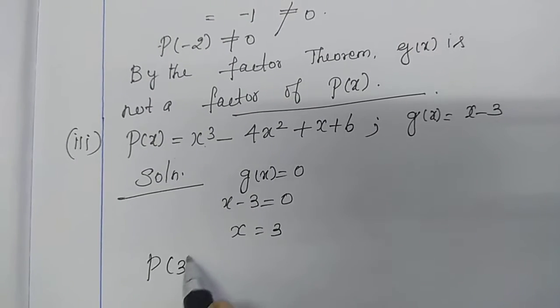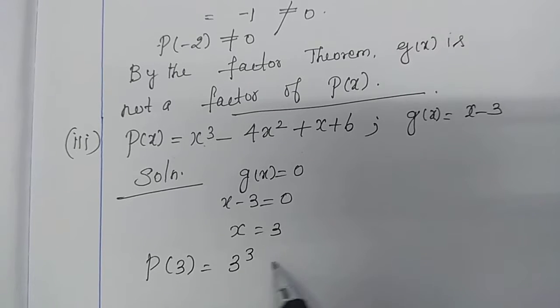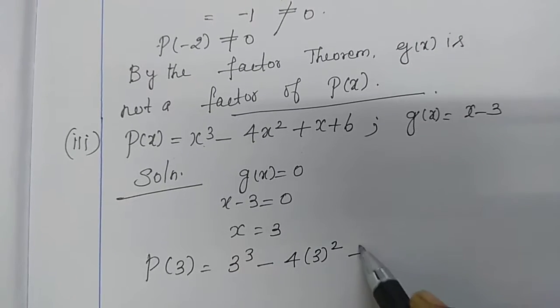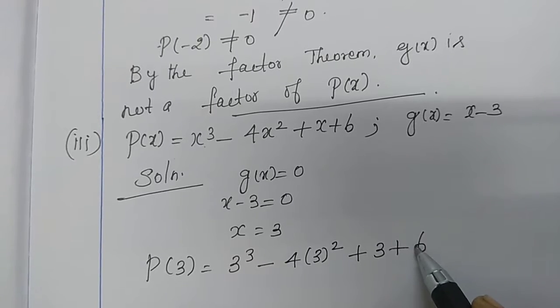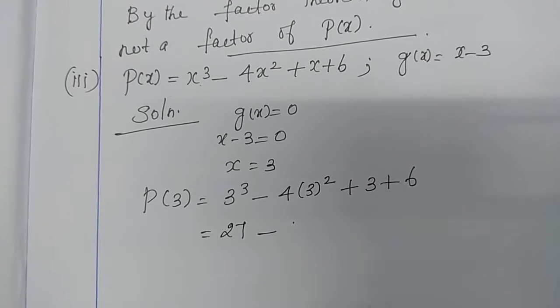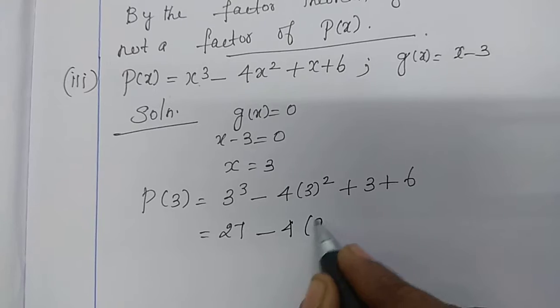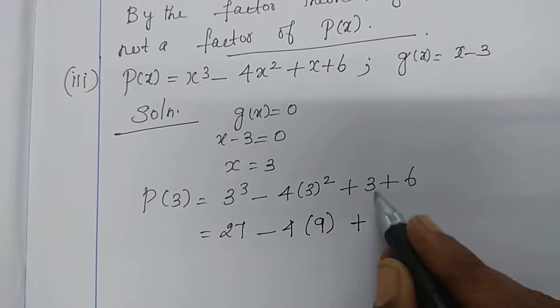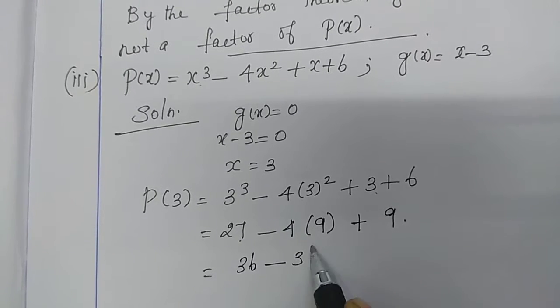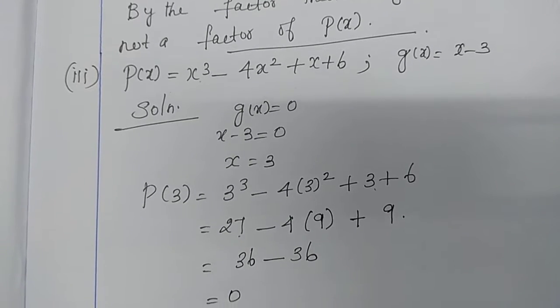Therefore, p of 3 is equal to 3 cube minus 4 times 3 square plus 3 plus 6. So 3 cube is 27, minus 4 times 3 square which is 9, plus 3 plus 6 is 9. So 27 plus 9 is 36, minus 36 equal to 0. So p of 3 equal to 0.